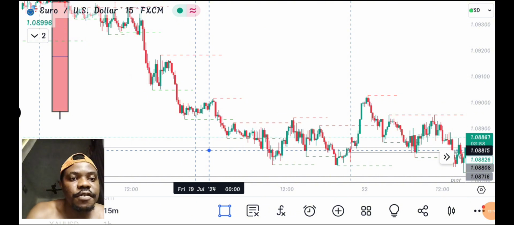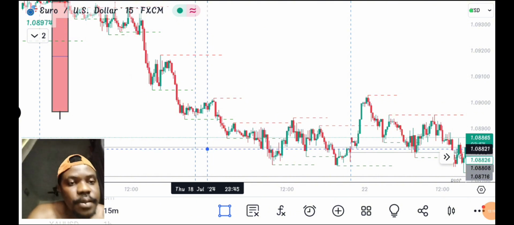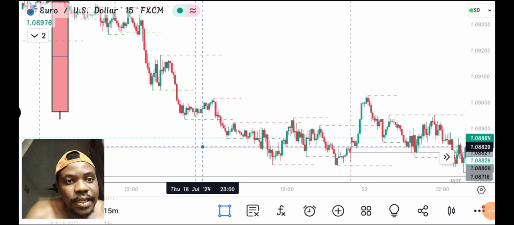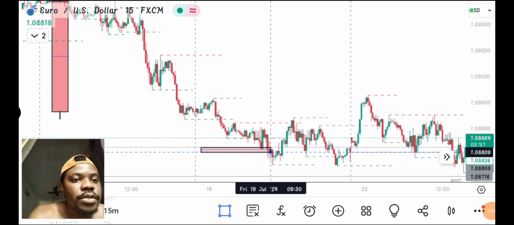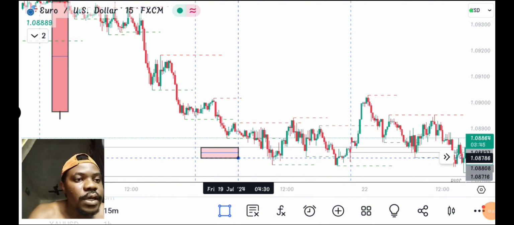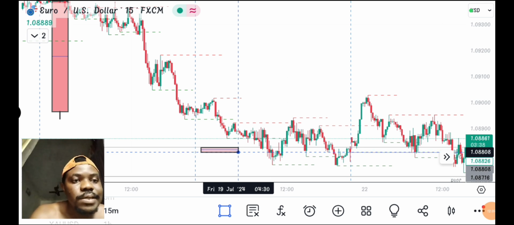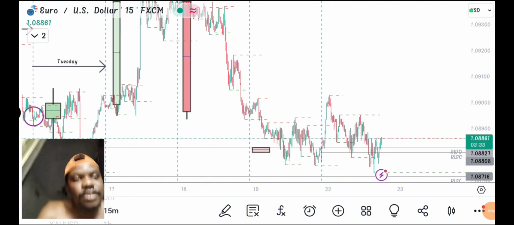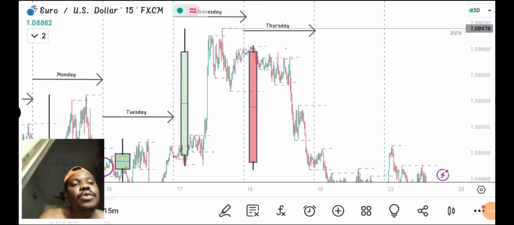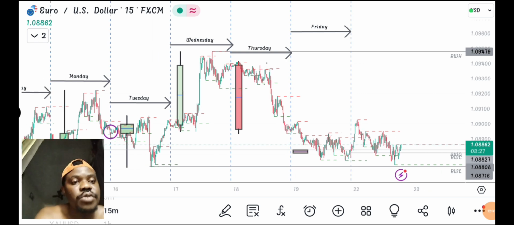It is a little bit faint, but when I zoom out my screen, you're gonna see it. From here, I'm taking it at a part of my screen where it's not gonna interfere with any price action at all. So from that open there to this close of last week, you see how last week was really bearish, because all of this other place were all rejections. They were all rejections, guys.